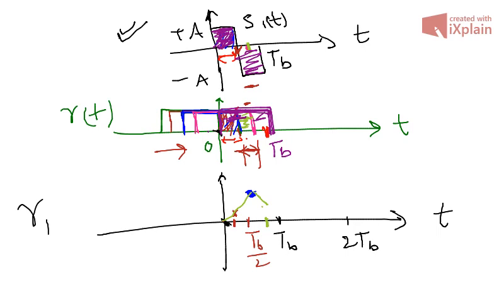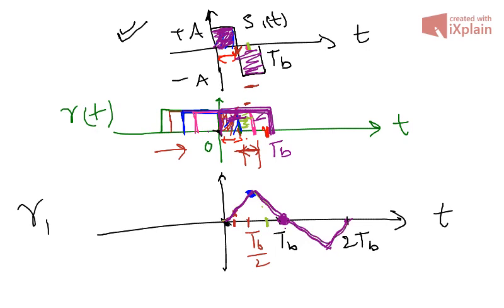So you would get 0 if you evaluated the integral. So actually the output of your integrator looks like this. The output of your integrator at instant Tb is 0, which would further go this way. If you plot it up to 2Tb, you would see this curve.